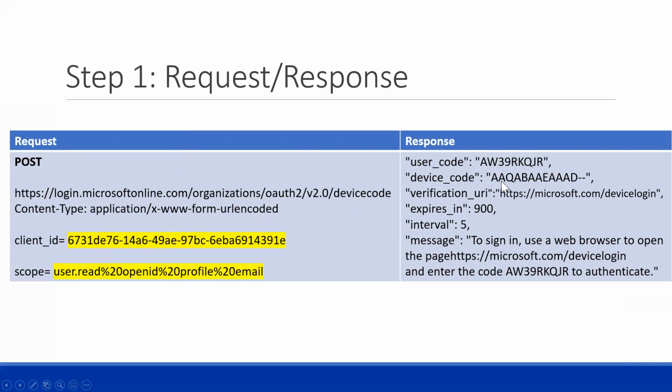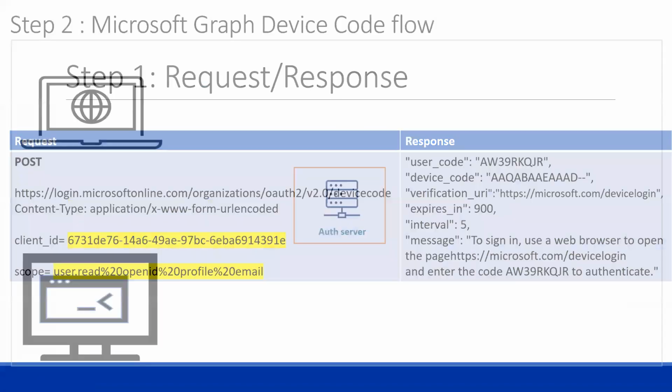It sends you a device code, which is a long code. You have a verification URI, which is the URI where you will go and enter the code. It has expires_in, which says how much time it will take to expire. And it will also give you a message, which you can use in your application and show on the screen. We have moreover seen these days a QR code that you scan and get directly redirected.